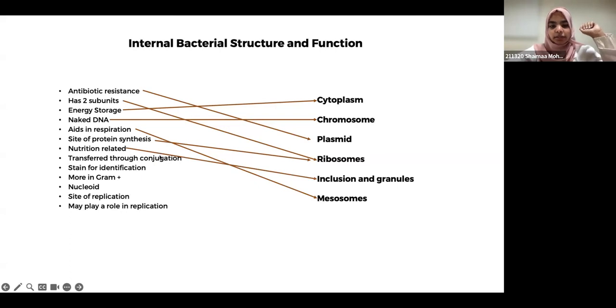Which organelle can be transferred through conjugation? Plasmids, perfect. And which ones can be stained and help to identify the bacteria? Sometimes, yes, the inclusions and the granules. Which organelle is more common in gram-positive bacteria? Mesosomes.